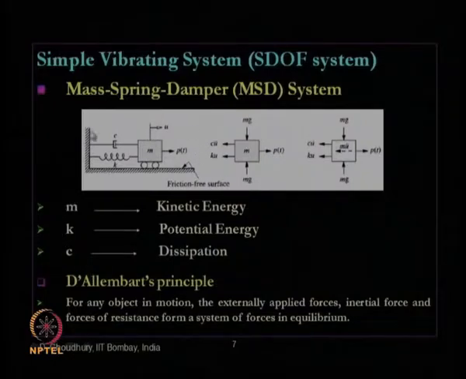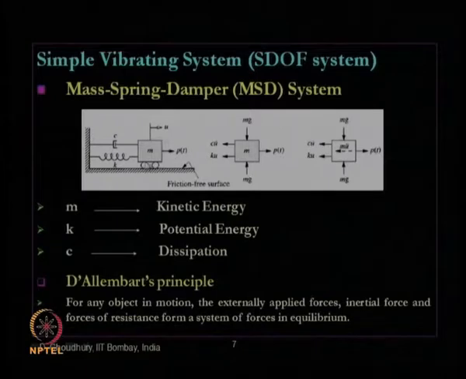So, this is the picture of a simple vibrating system, a single degree of freedom system with a mass, a spring and a damper. Its degree of freedom is single, or 1, that is u, which at any point of time defines its position, and the externally applied dynamic load on the system is P of t, which is a function of t.